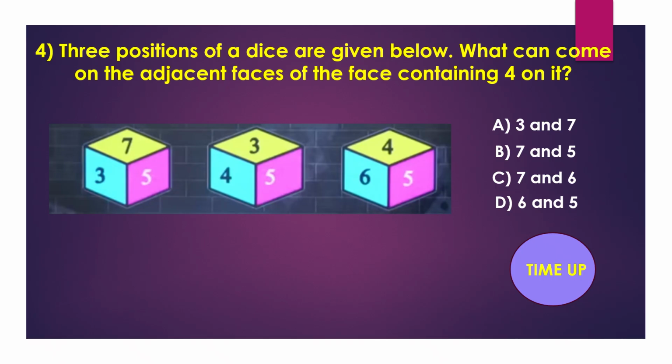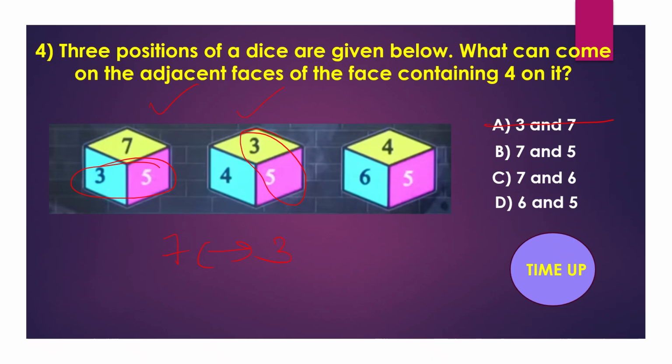So how many common faces can you see here? If you check the first and second dice, there are two common faces, that is 3 and 5. So 7 becomes the opposite pair with 3. Correct? So clearly the first option gets eliminated, 3 and 7.